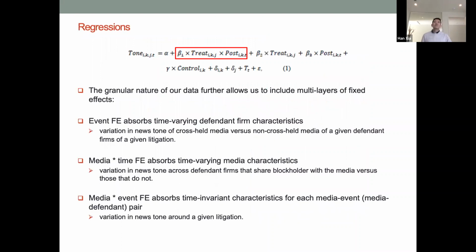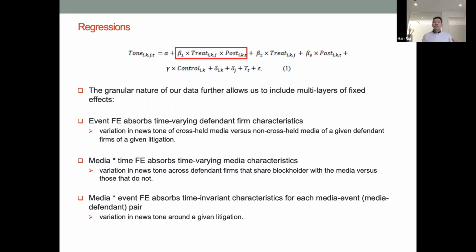Okay, all right, so now if we transform the two pictures into a regression setting, this is a very standard difference-in-differences setting where the variable of interest is treat times post, where treat equals 1 if this is the cross-held median and 0 if it's not, and post indicates this is after the litigation.